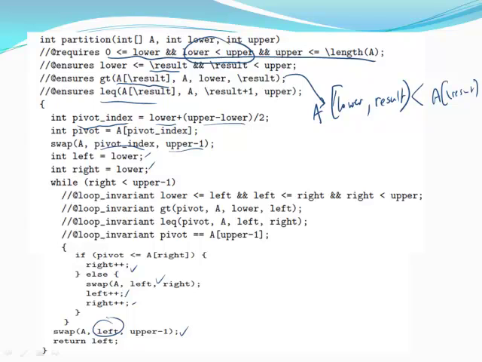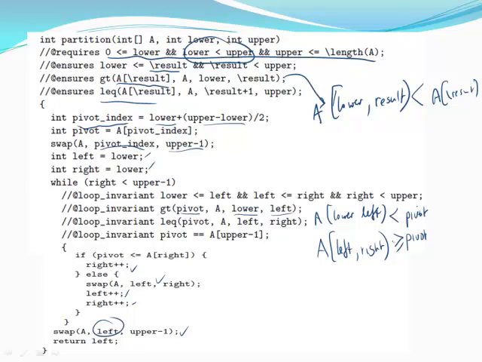Now a bunch of invariants are true at any given point: if you take the array segment from lower to left, the pivot must be greater than that, and the pivot must be less than or equal to a of left to the right.